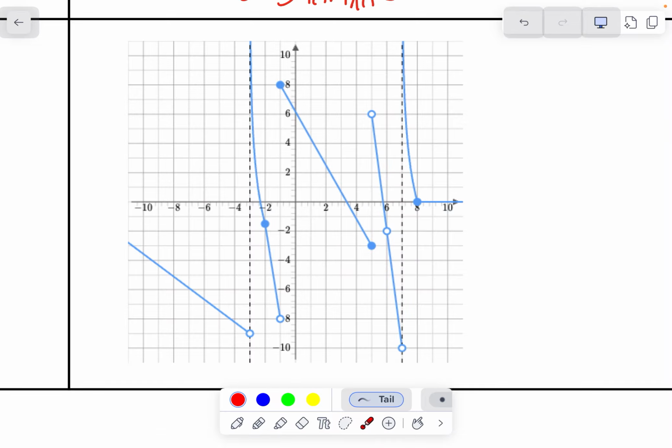Just do your best at pinpointing the locations. Once everybody has it drawn, we're going to go from left to right and pinpoint all of the issues on that graph. So do a little rough sketch on your paper, draw that graph, and then we're going to talk about it.